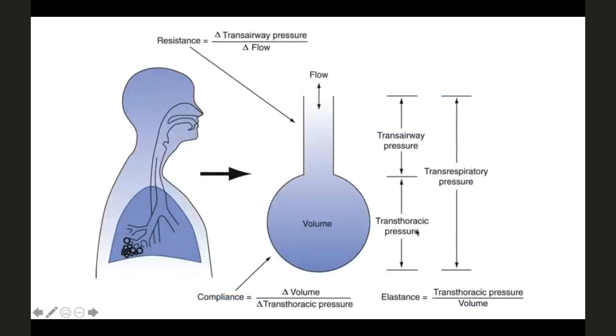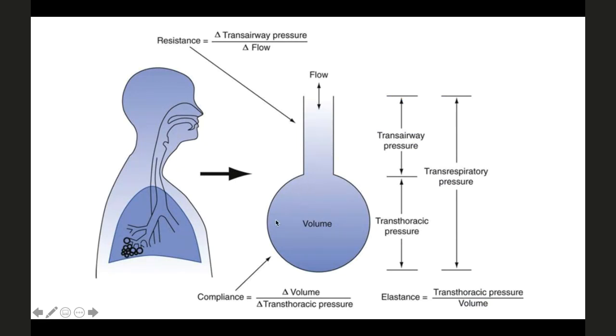Okay, so to sum up, this is the transaction of our respiratory system. Initially the flow is generated, it goes to a transairway pathway, through the tracheobronchial tree, and then it reaches the respiratory unit, the alveolar unit, the acinus.